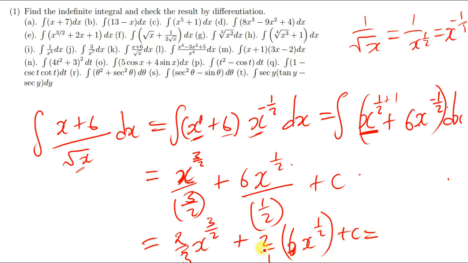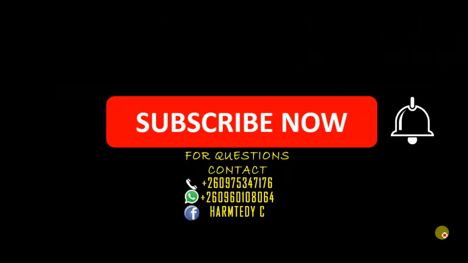So this can also be written as 2 root x in brackets to the power 3, then everything over 3, then plus 2 times 6, that would be 12 root x, then plus a c. You're supposed to add a c that side.